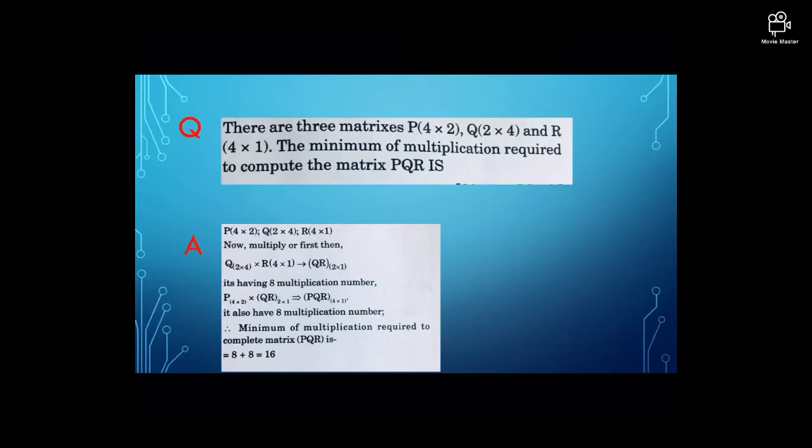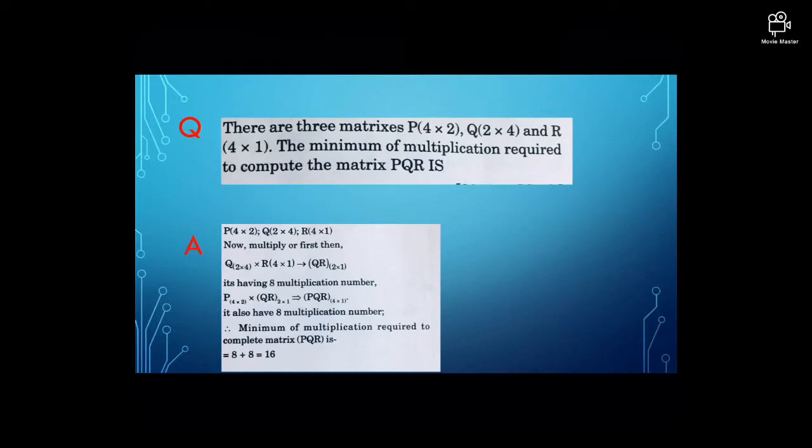We know the order of the matrices; order means the number of rows and columns of each matrix. So first we will find QR. The order of the matrix Q is 2 by 4 and R is 4 by 1. So automatically the QR matrix will be of the order 2 by 1, right?